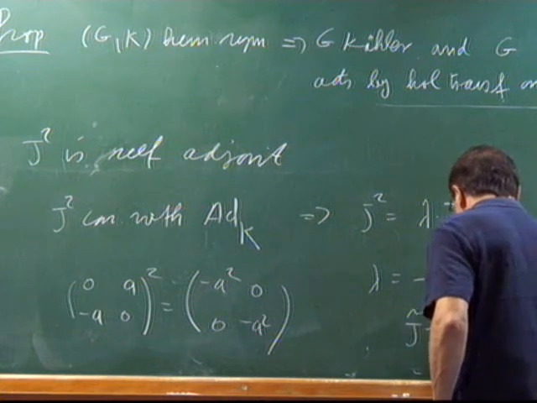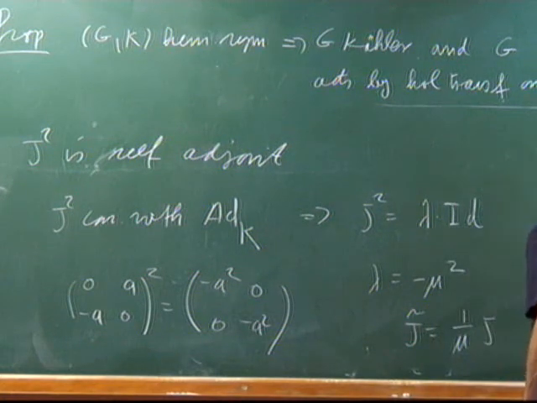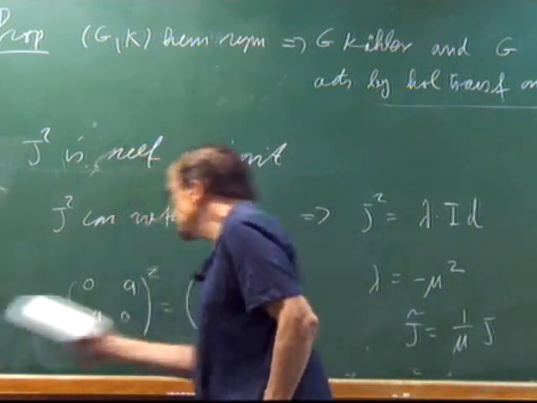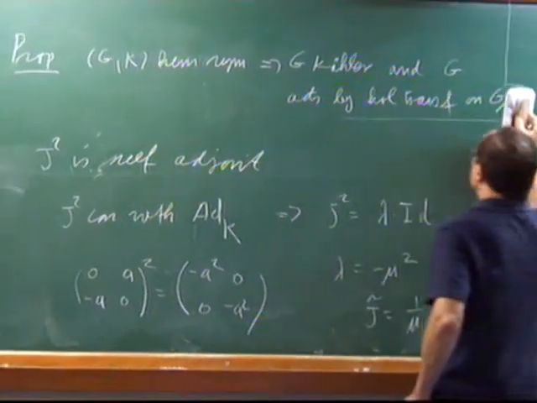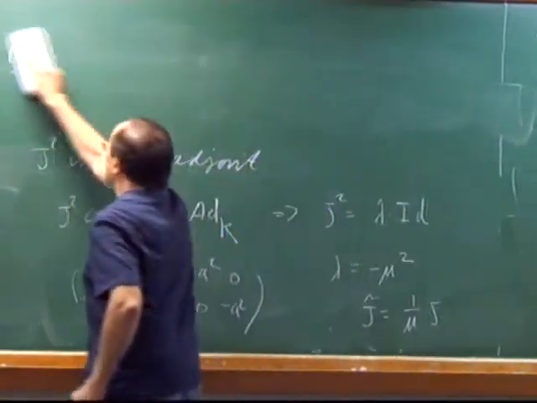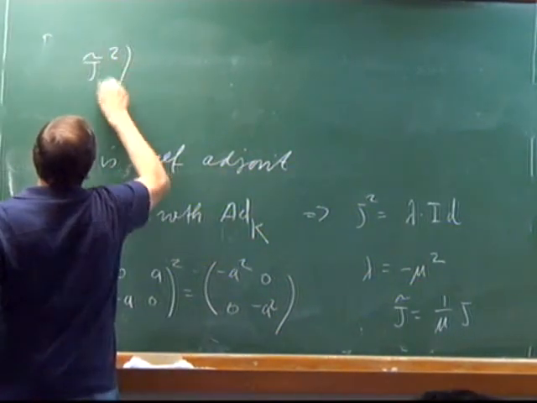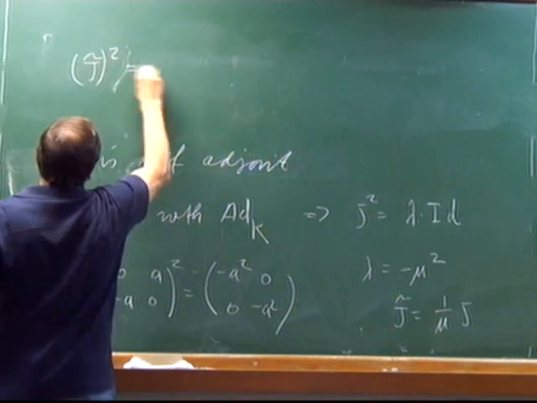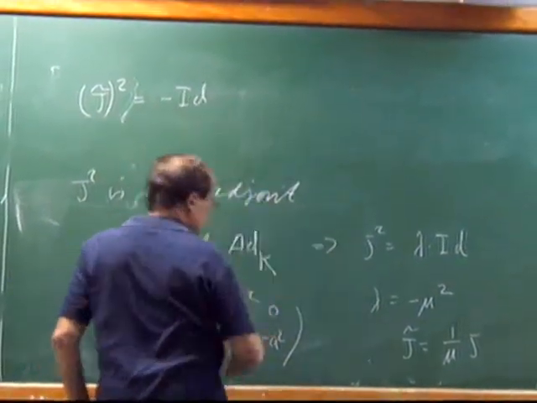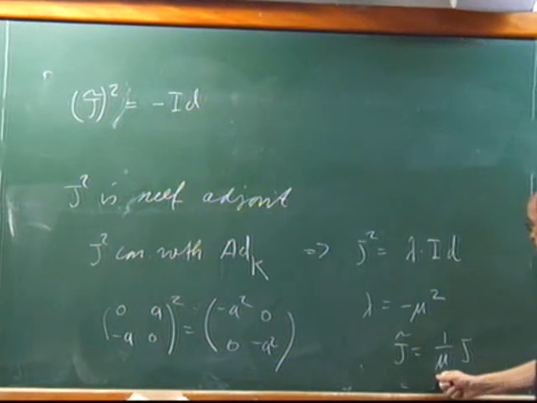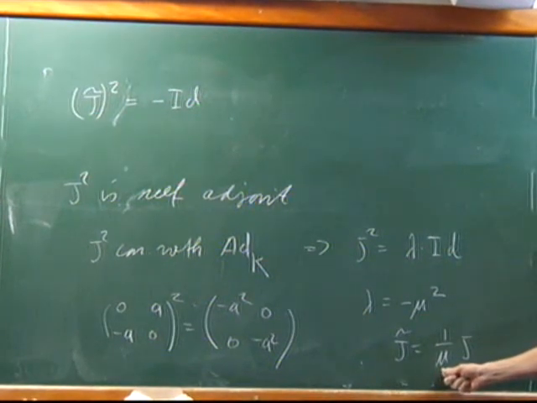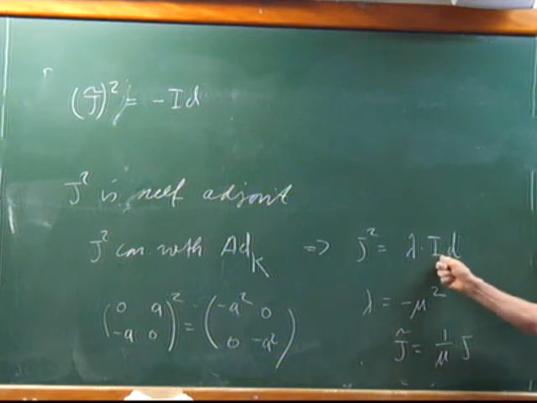So J tilde is 1 over mu times J. And then, of course, J tilde squared is minus identity. Right, that's 1 over mu squared times J squared, which is 1 over lambda. And J squared was lambda identity. Okay.